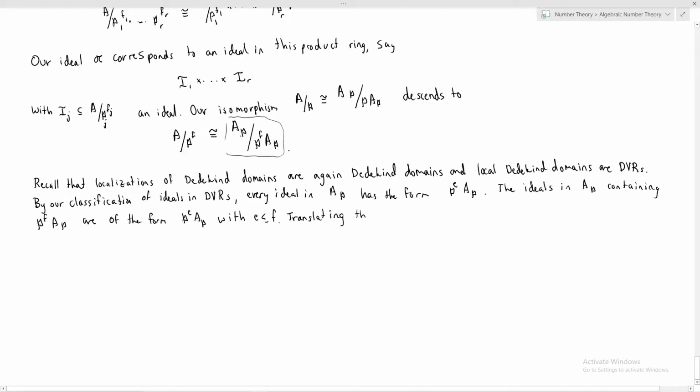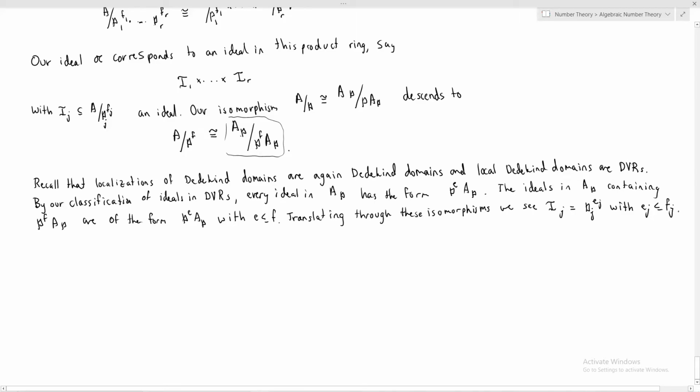Translating through these isomorphisms, we see I sub j is necessarily P sub j to the E sub j with E sub j less than or equal to F sub j.